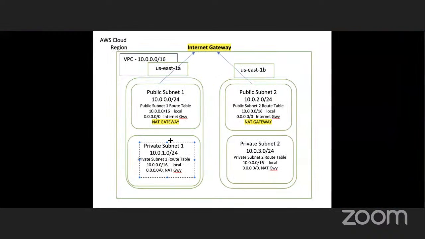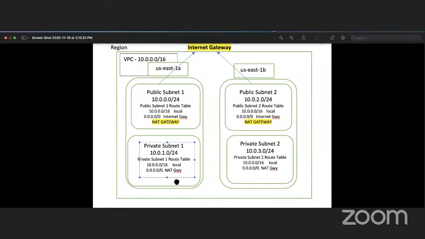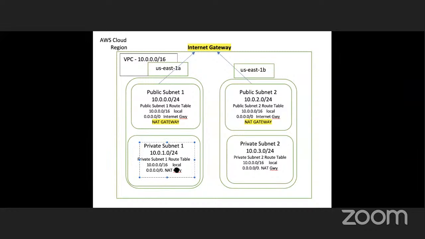The instance here doesn't have a public IP, so no one from the internet can communicate to my private instance. But my private instance, through the NAT gateway, can communicate to the internet and download patches, upgrades, updates, and all that, right?